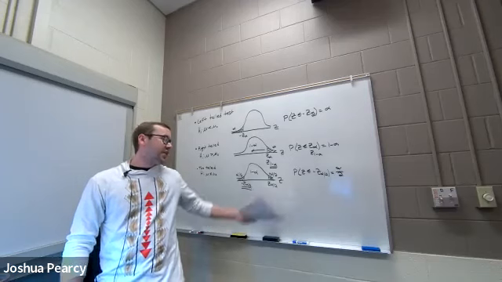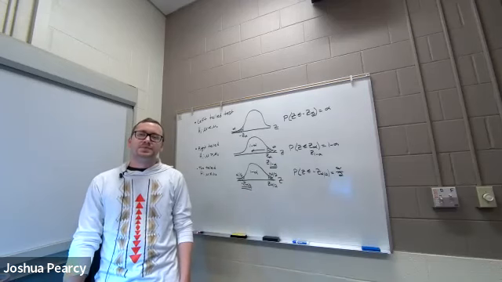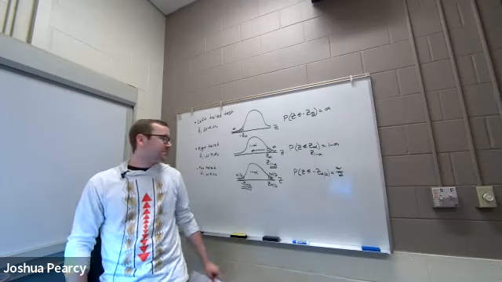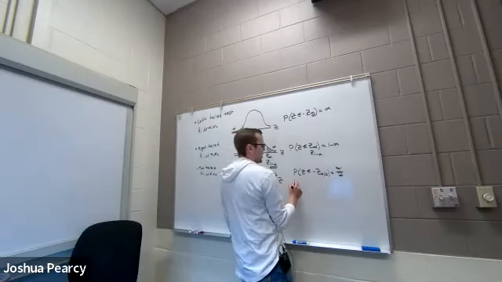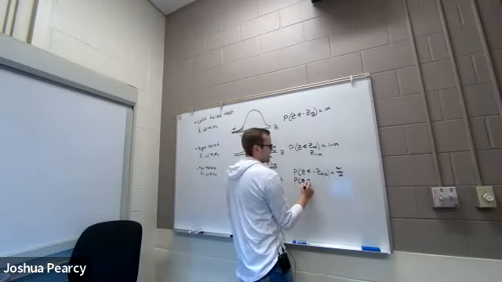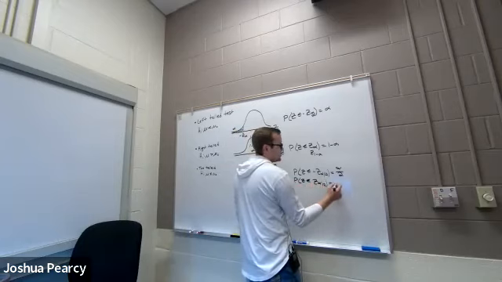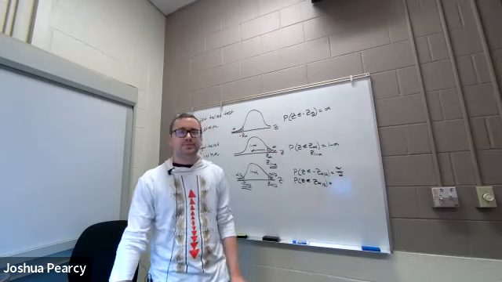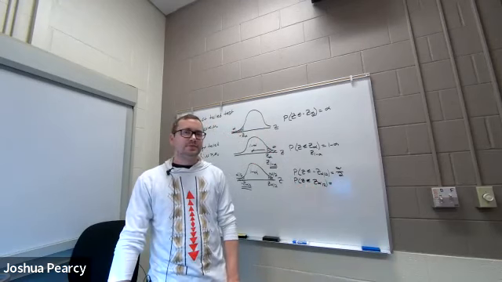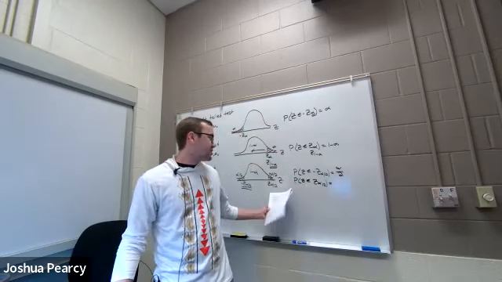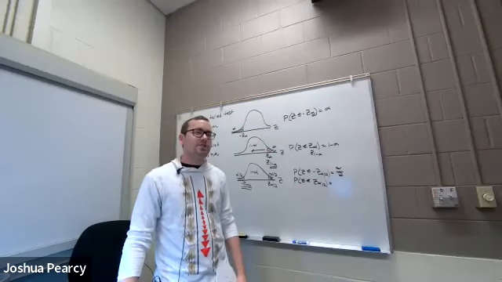If I wanted you to find the upper one, how would you do that? To find the upper one, the probability of Z being less than or equal to the positive Z alpha over 2 is equal to what probability? The area to the right of this Z alpha over 2 is what?